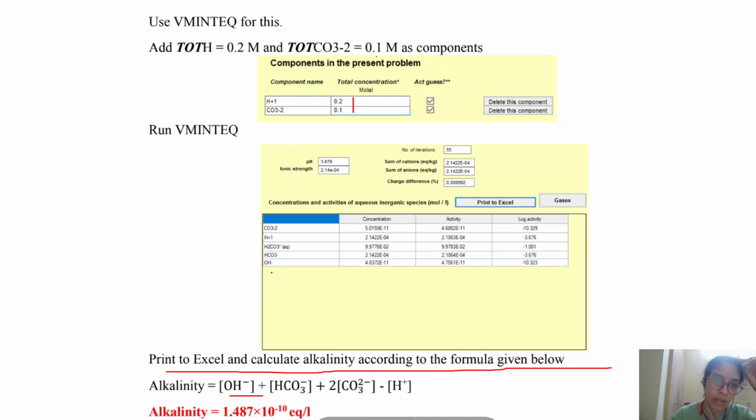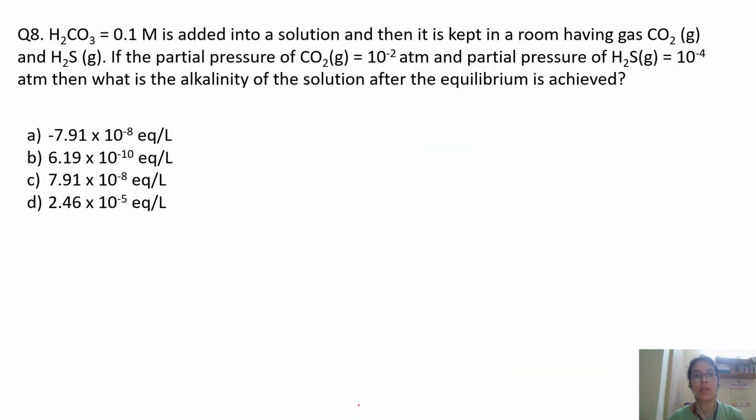We have all these values in concentration, and we have activity also. Activity and these values are not much different. Then we just put in this formula and we get alkalinity as 1.487 into 10 raised to power minus 10 equivalent per liter. Very simple. Coming to the next question.